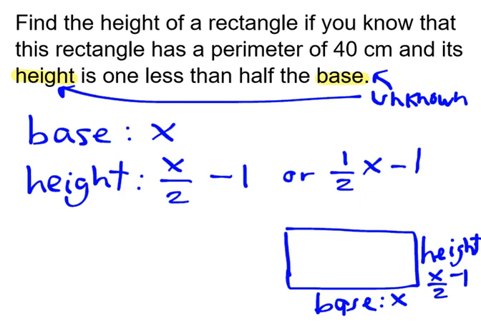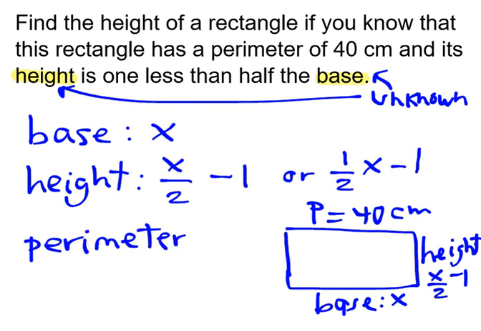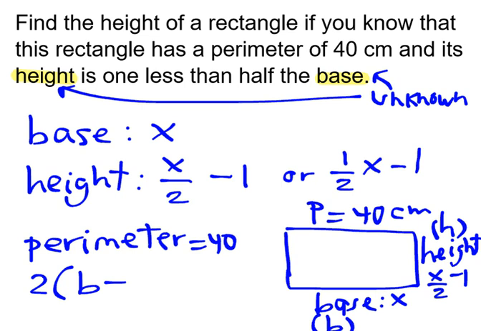And you know that the perimeter is 40 centimeters. So how do we calculate the perimeter when we know the base and the height? The base, sometimes we call it b, and the height, we call it h. So if we do b plus h plus b plus h, we realize that we have 2 times the base plus the height, and that has to be equal to 40 centimeters.